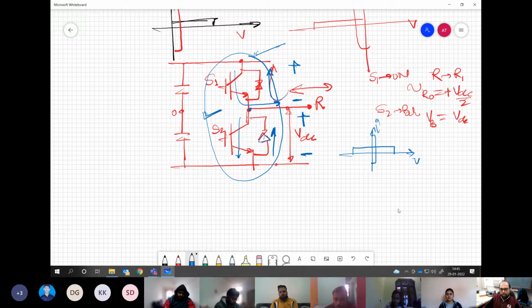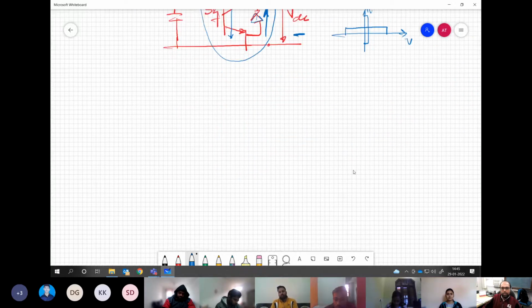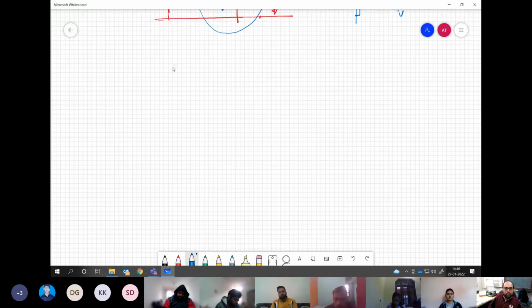And just for a quick reference, I can draw the schematic of two-level three-phase voltage source converter.